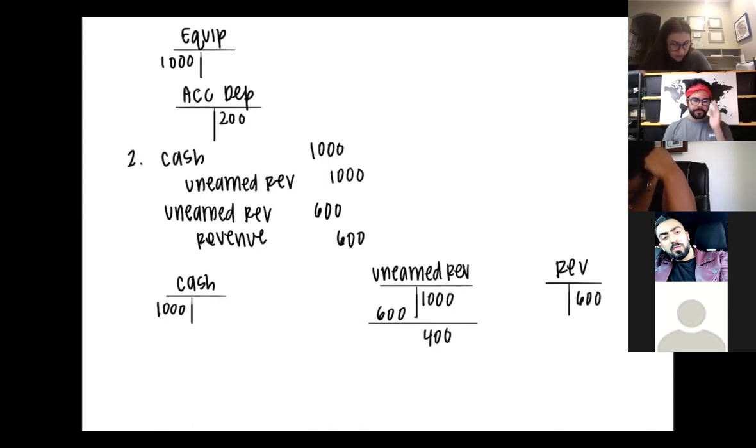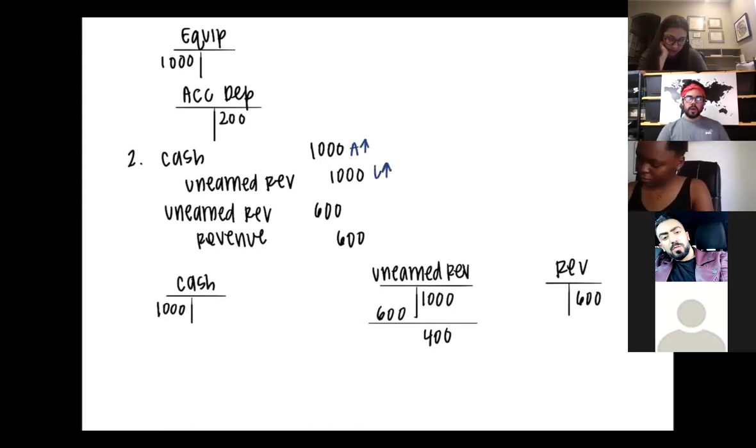So in terms of accounts, when you debit cash, it increases your assets. This increases your liability. This lowers your liability when you debit it, and this increases your net income. So our cash was never recorded, which means our assets were understated.